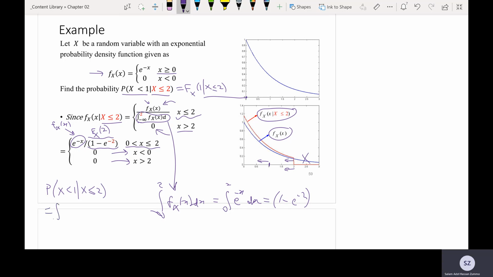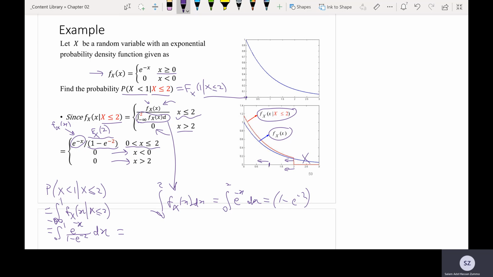This is the integral from minus infinity to 1 of fx of x given x less than or equal to 2. So we use the result we found, which is equal to the integral from 0 to 1 of e to minus x divided by 1 minus e to minus 2 dx.